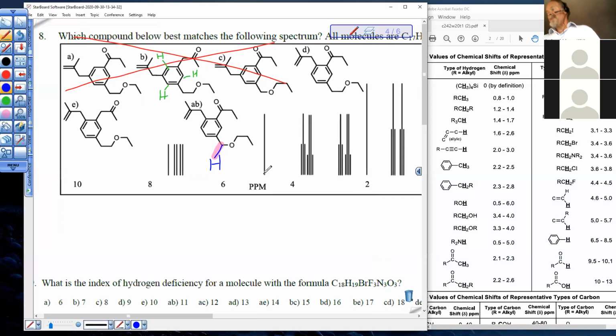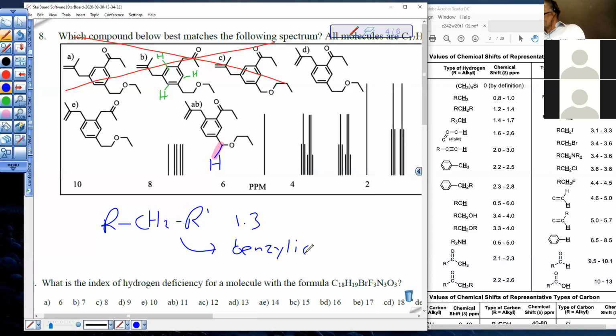It could be. Because you're normally thinking about a normal CH2, normal 1.3. I'm looking from here to 1.3. You're going over to benzylic, and that's at 2.5. That's this one here. And you're also thinking part of an ether.